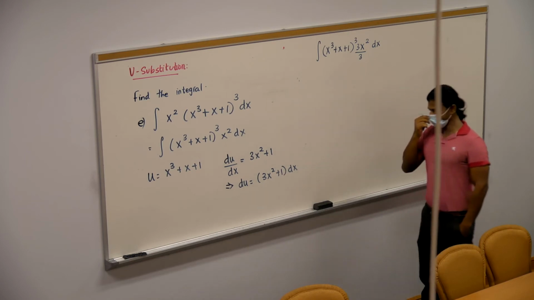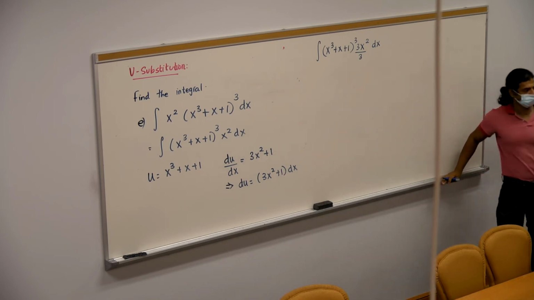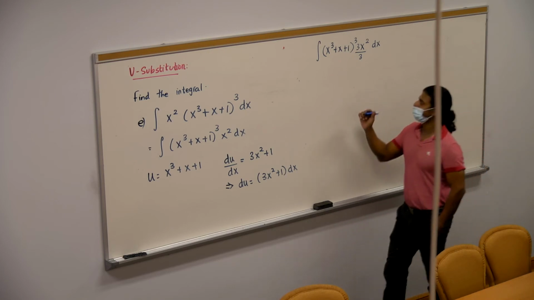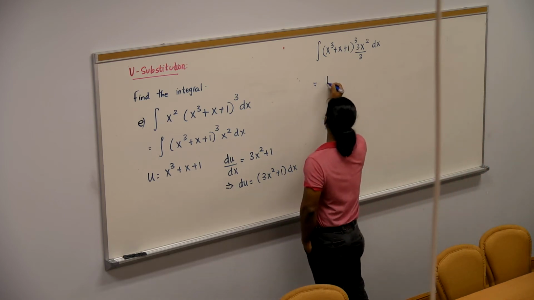I'm simply going to multiply and divide by 3. Did I do anything wrong? No. So I could pull 1/3 out.